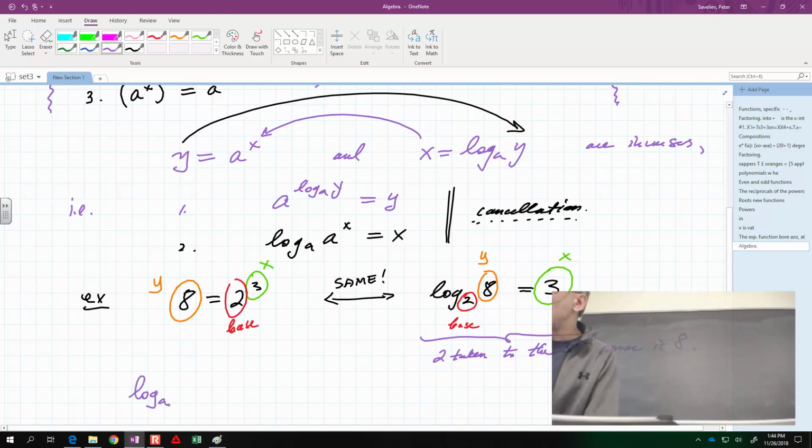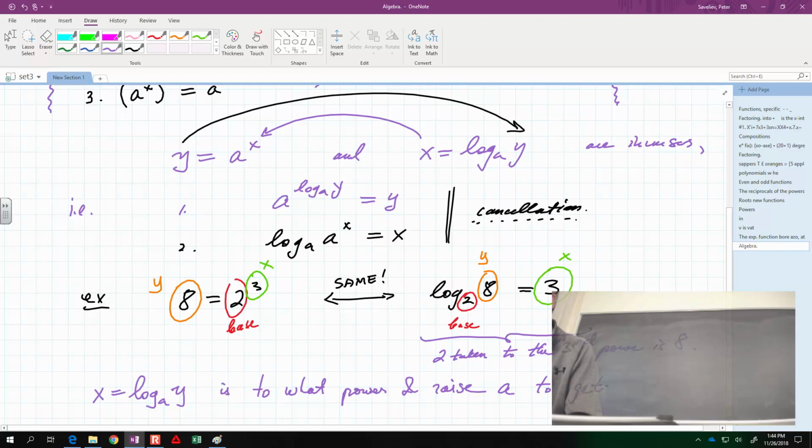Log base a of y is to what power I raise a to get y. No, hold on one second. To what power do I raise a to get what?